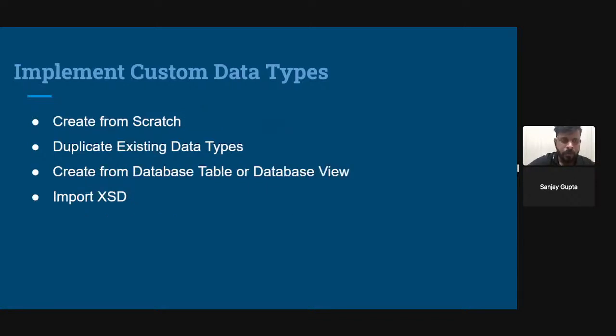So how can we create a custom data type in Appian? There are four ways. We can create from scratch, where you can provide the template. We will go through that. Then if there is an existing custom data type, we can duplicate it and make whatever changes we need. If a database table or database view already exists, we can use it to create the CDT.